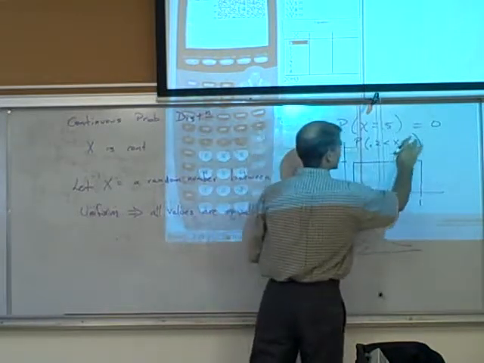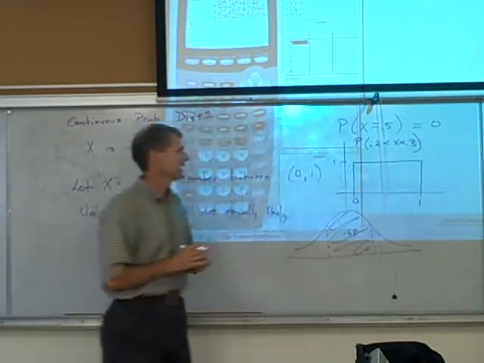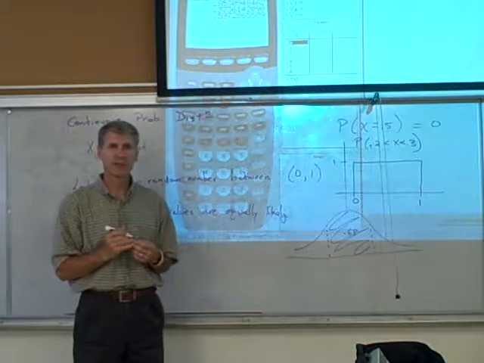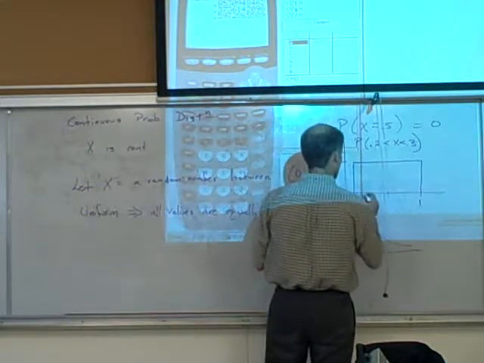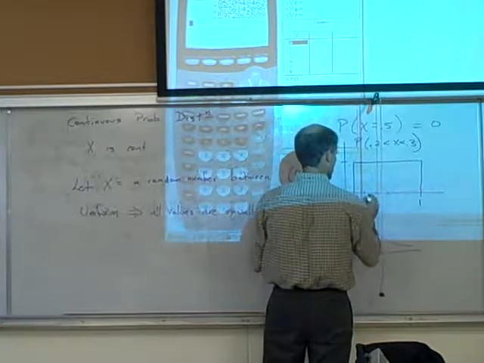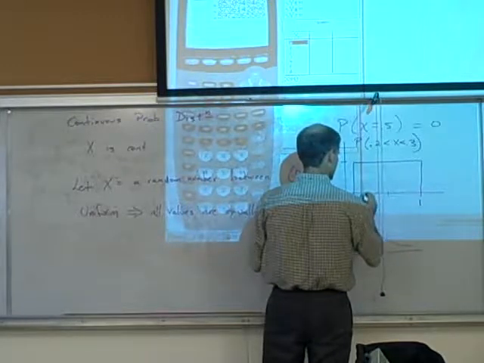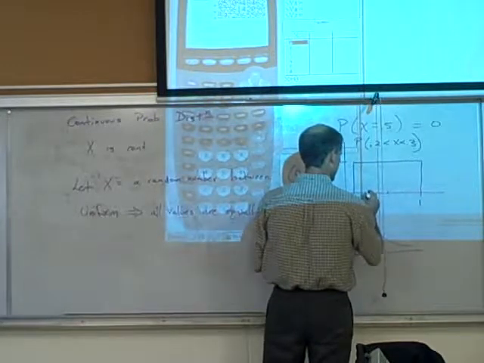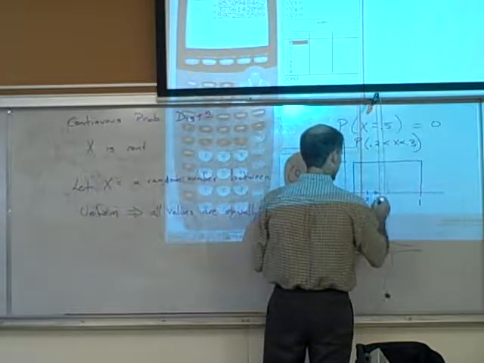Oops, I forgot my less than symbol. What's the probability that x is in between 0.2 and 0.3? Well, if I come over here to my picture, it'd be about right there and about right there. So 0.2, 0.3.